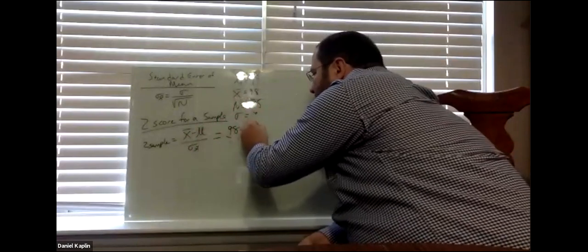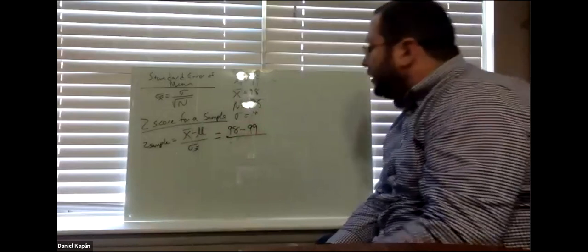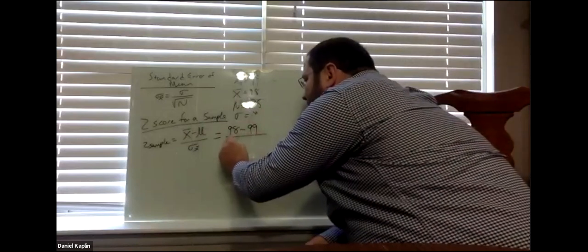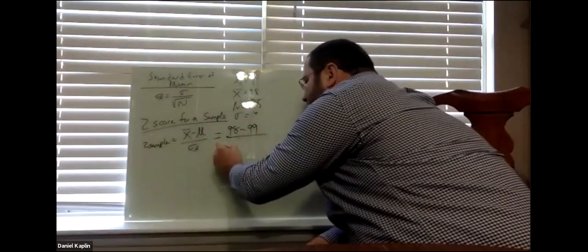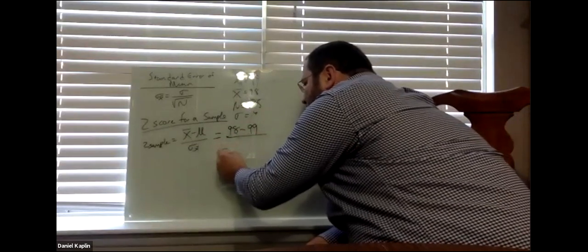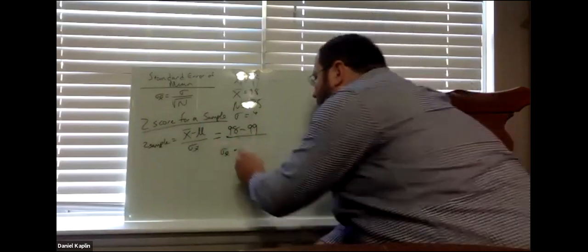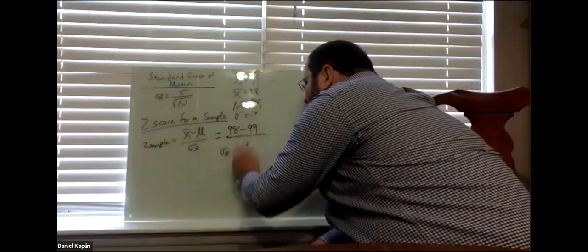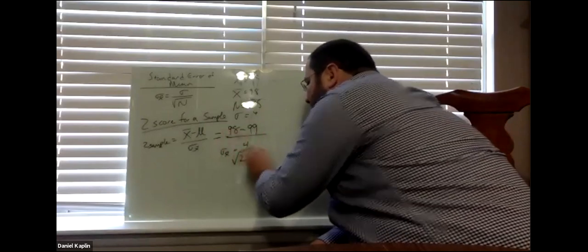Mu is 99. 98 minus 99 is our numerator, divided by the standard error of the mean, right? So standard error of the mean, we have to calculate, but our standard deviation was 4, and our sample size was 25, right?